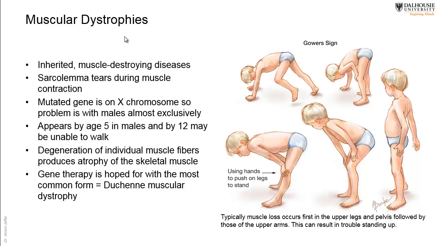So the muscle fibers are destroyed and replaced by fibrous tissue, and the patient will be weak and disabled, and this disability is gradually building over time. Okay? Any questions?